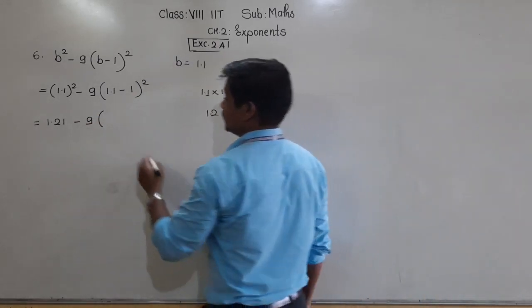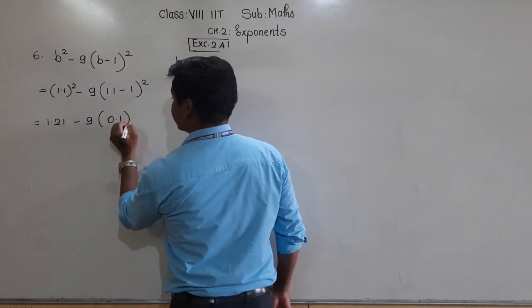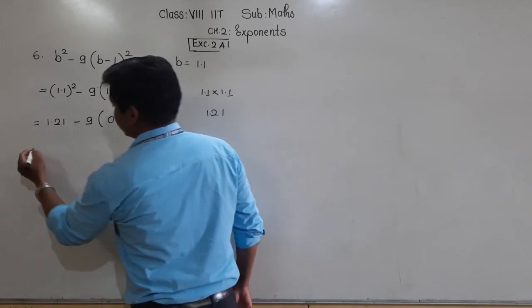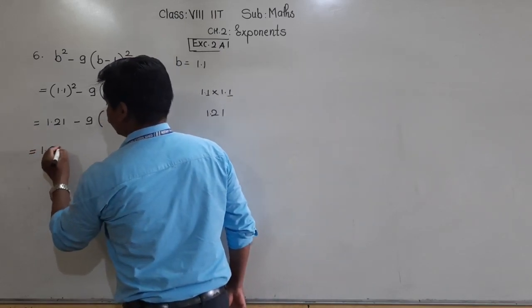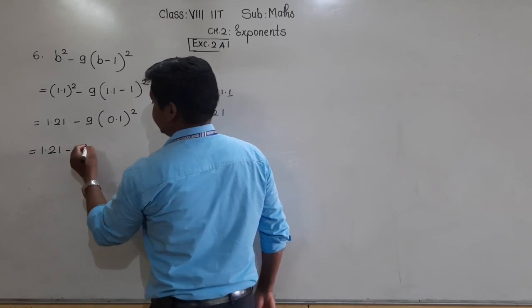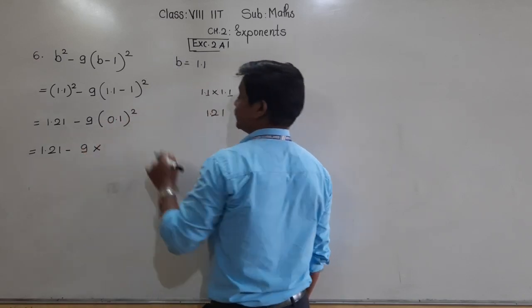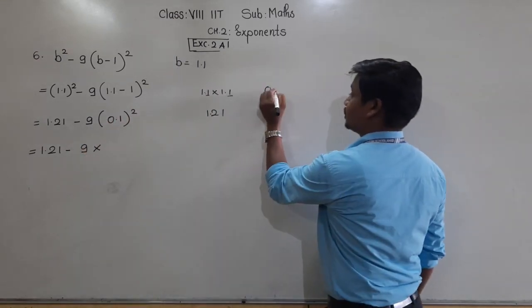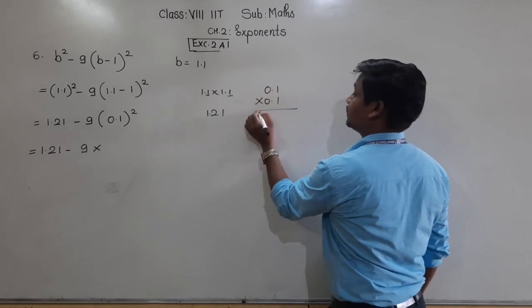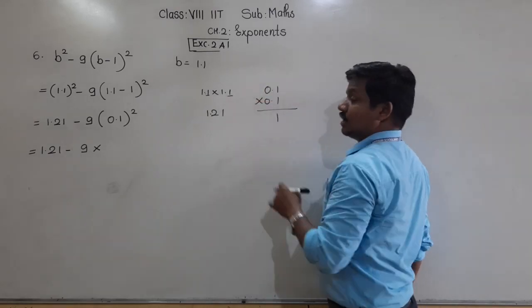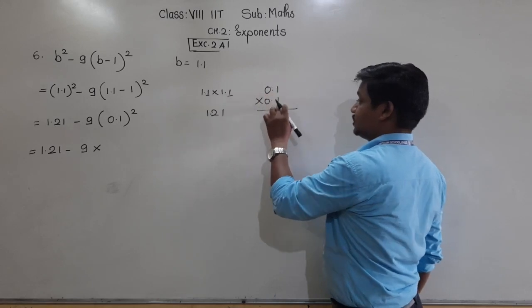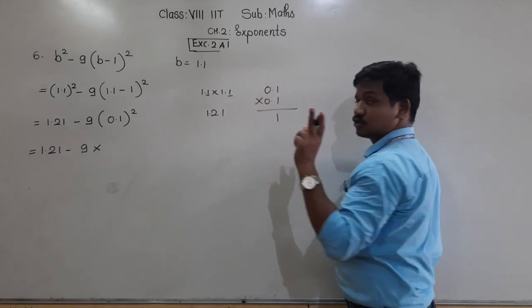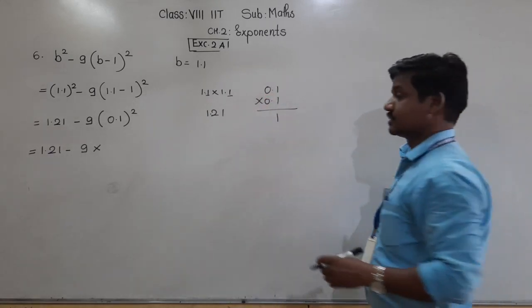What is 1.1 minus 1? 0.1, whole square. So it's 1.21 minus 9 into the square of 0.1. 0.1 into 0.1: 1 ones are 1, and after the decimal point, here 1 digit, here 1 digit, total 2 digits. That's why we need to put the decimal point before 2 digits in the answer.